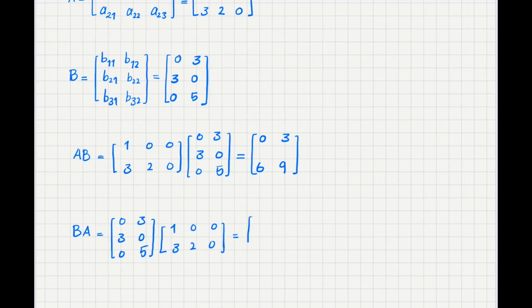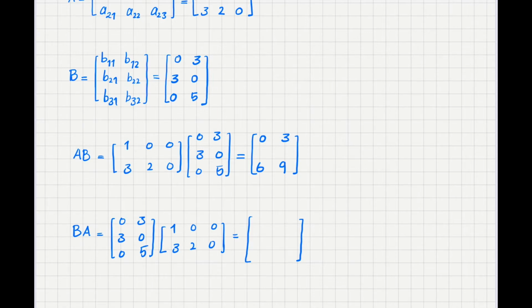The same story, but this time hopefully you realize that this matrix is a 3 by 3 matrix, because this is 3 by 2, this is 2 by 3, so these are eliminated. What is left is 3 by 3. Again, I will multiply each row of the left hand side matrix by each column of the right hand side matrix, and write it in the corresponding entry of this product.